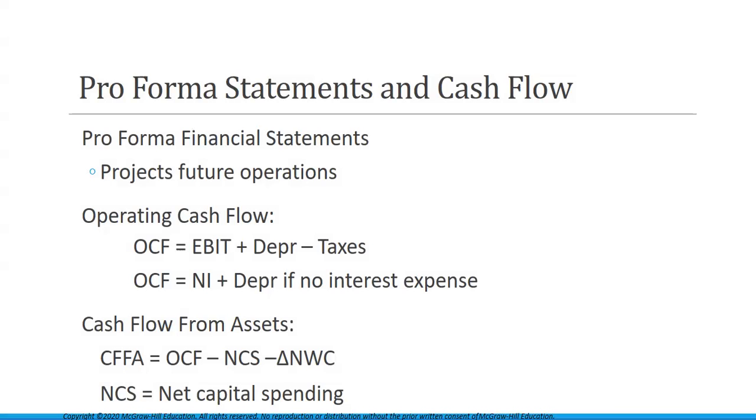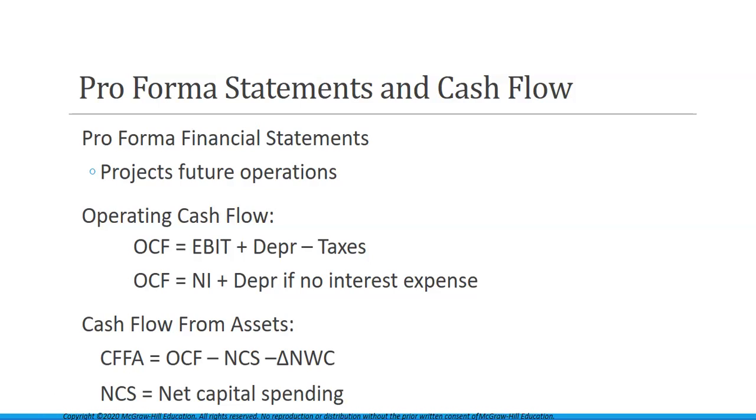We start by making pro forma statements to project the future operations. Pro forma statements are projected financial statements. For example, these would be the financial statements made from a budget. So they're in the future, pro forma.